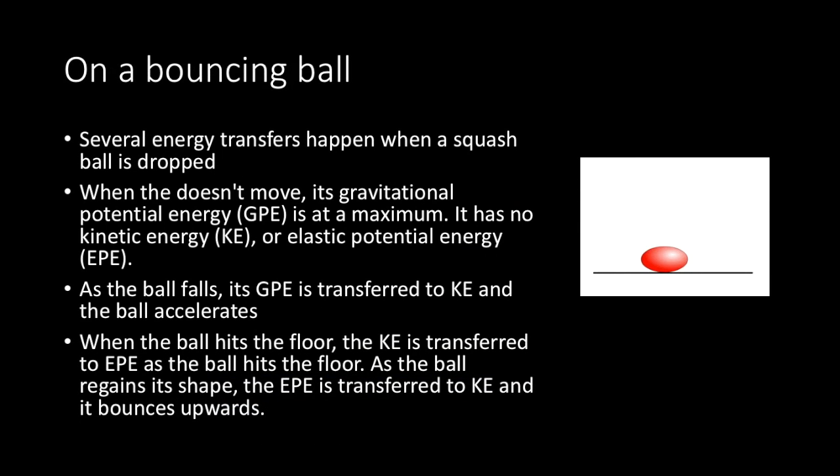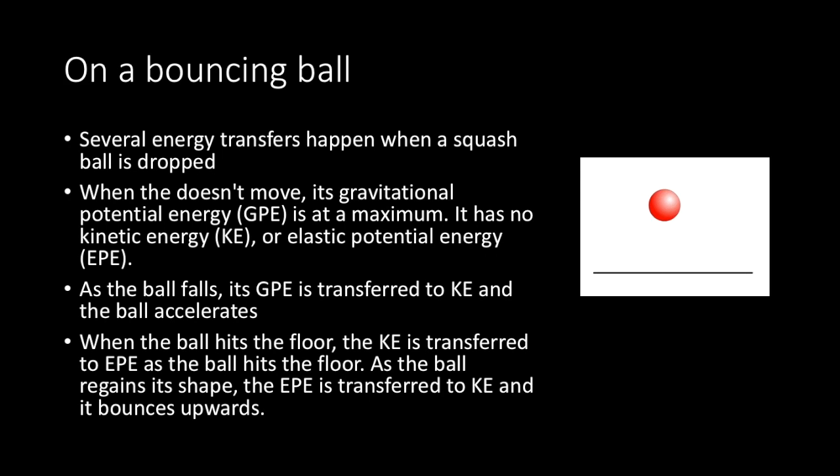Another example is a bouncing ball. There are some energies used when a ball bounces, but elastic energy is only shown when the ball is on the floor. Let's see. When the ball is not moving, the gravitational potential energy is at a maximum, sorry, but it has no kinetic energy and no elastic potential energy that we are seeing.